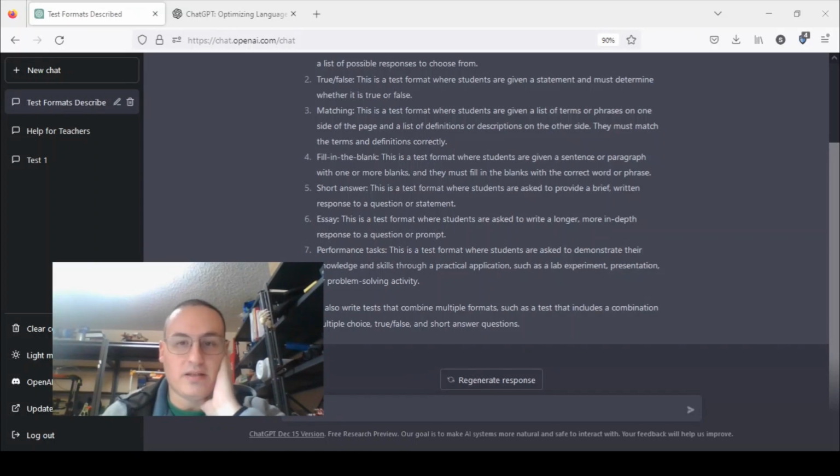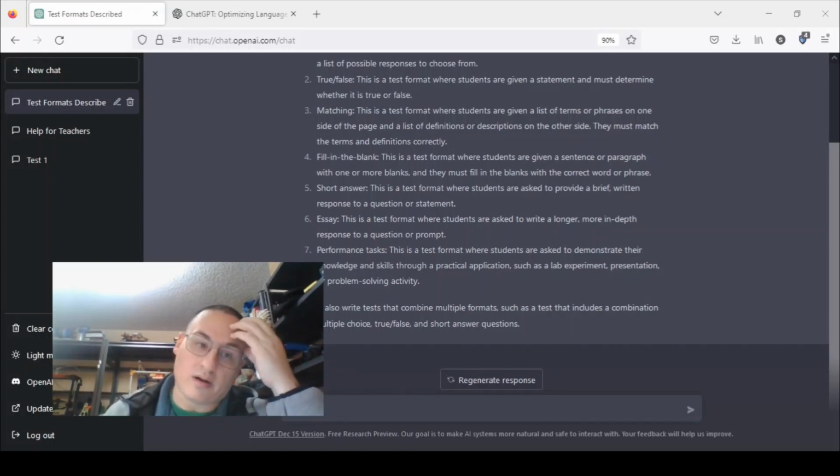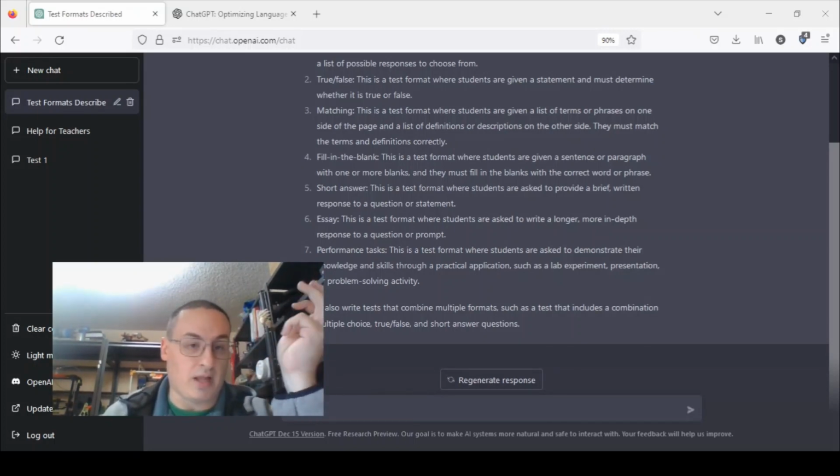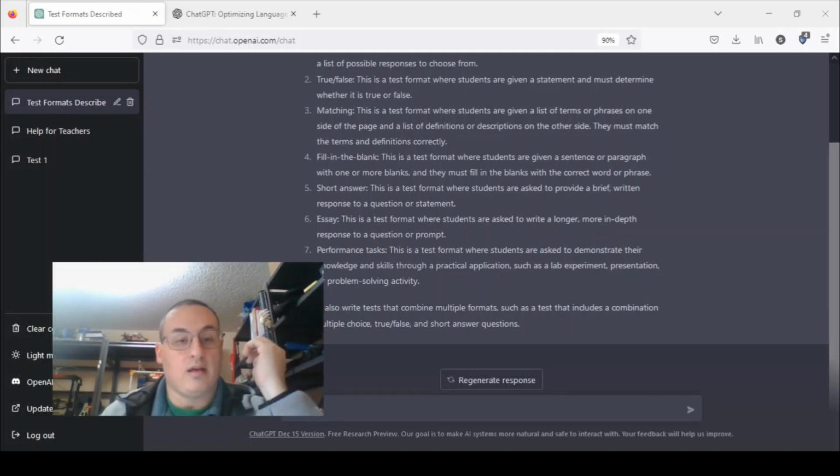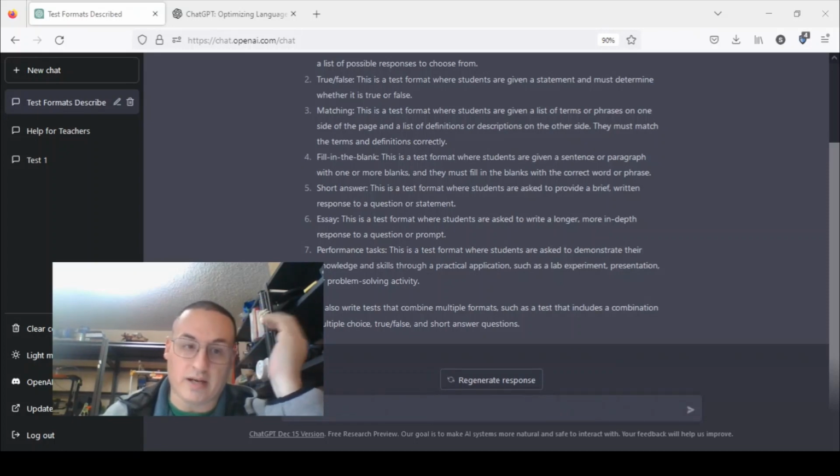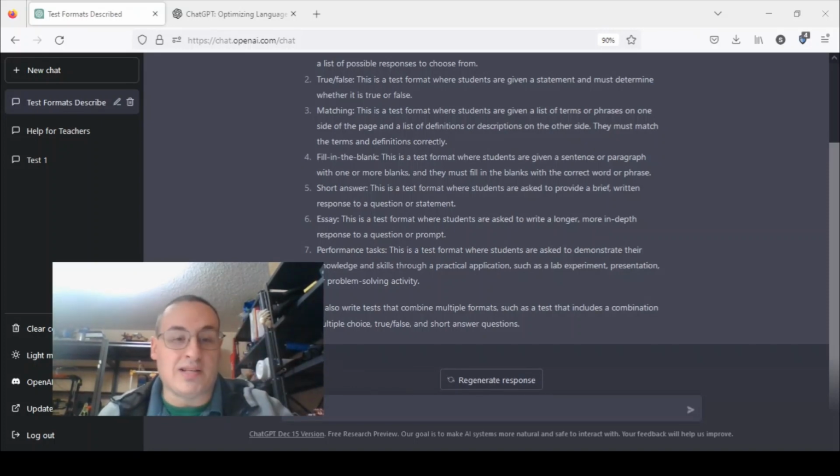So for tests, this is going to be a powerful part where you can write tests for your class very quickly, and also save yourself a lot of time and brain power at the end of the day. That being said, always, always, always check the test before it goes out.